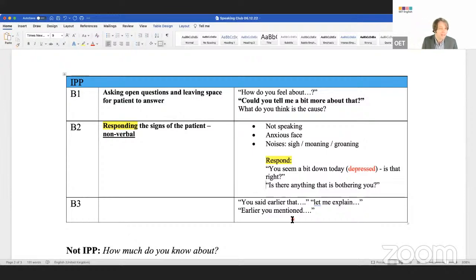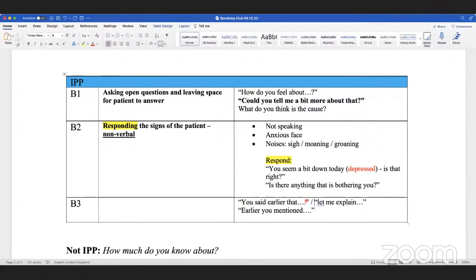I'm just going to ask Farhad, or maybe could I have Claudia or Clara. What is B3? You said earlier that. What's this? That's establishing a link between what you say and what you have already elicited from the patient.